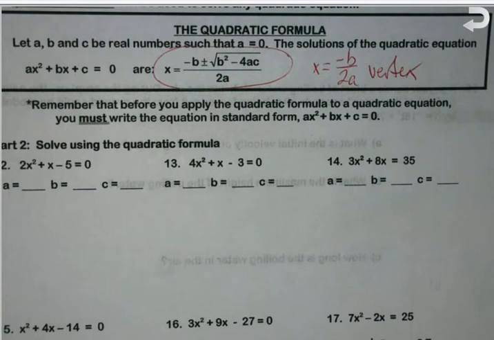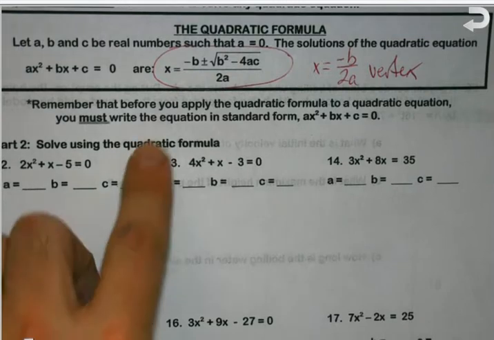The part that's underneath the radical is what's called the discriminant. We're going to use this formula to actually figure out solutions for these, especially ones that aren't factorable.